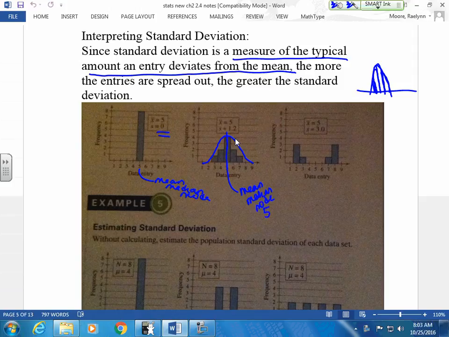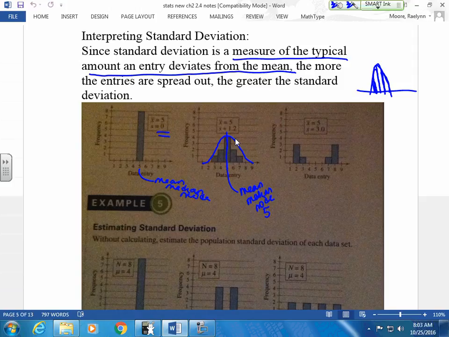But look at the spread of my data. Now, we can kind of figure out the standard deviation by this. If I draw a simple curve here, it tells me between here and here, I should go out 3 standard deviations. I'm not concerned about you doing this, but just so that you get an understanding.